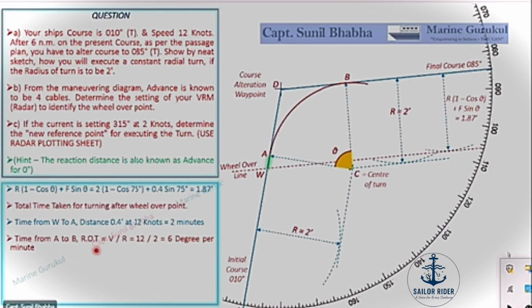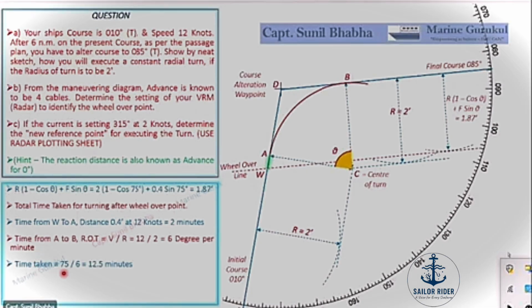We know that the rate of turn is given by the expression rate of turn is equal to V by R. V is 12 knots, radius of the turn is 2 nautical miles. So that gives me a rate of turn of 6 degrees per minute. So the vessel will be negotiating the turn at a rate of turn of 6 degrees per minute.